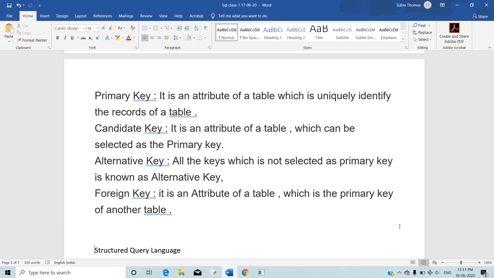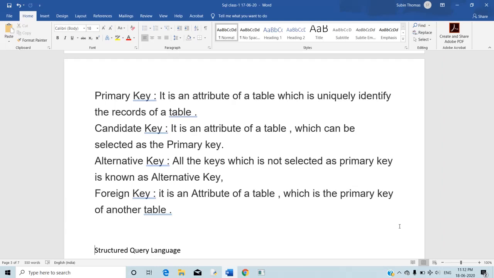In that case, both roll number and admission number can be selected as the candidate key. They are the candidates to select as the primary key. From the candidate keys, any one we can select as the primary key.